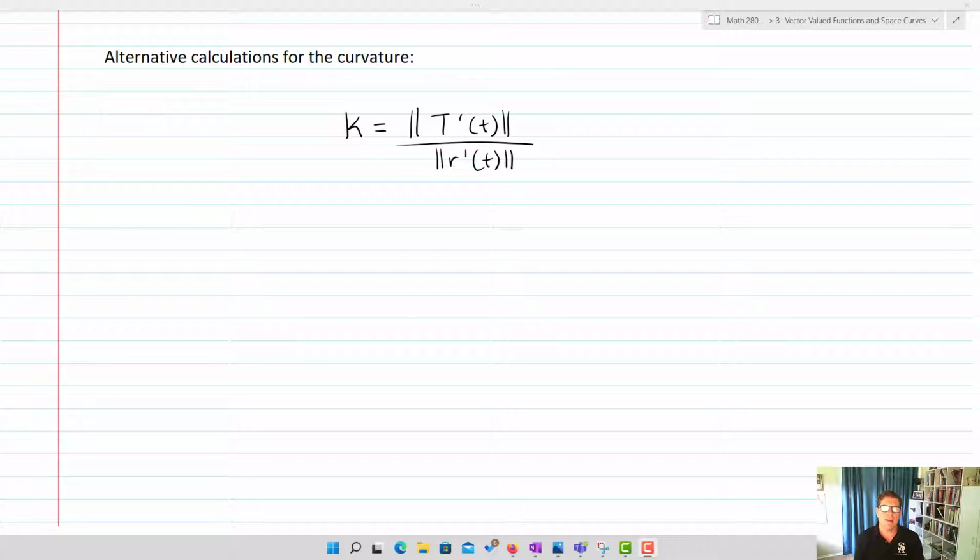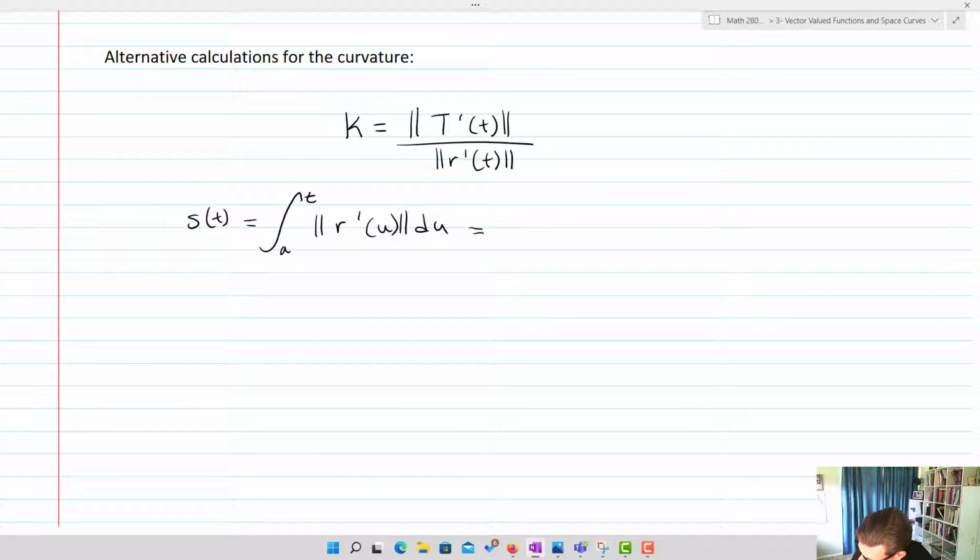So we're going to start out with curvature k equal to the magnitude of T prime of t divided by the magnitude of r prime of t. So the first thing I want to get is s of t, which, if you remember, is going to equal the integral from a to t of the magnitude of r prime of u du.